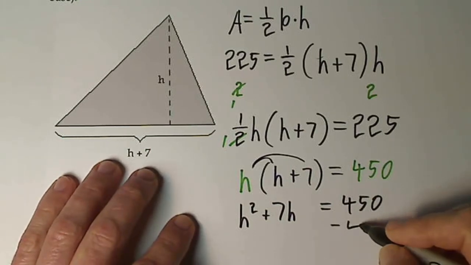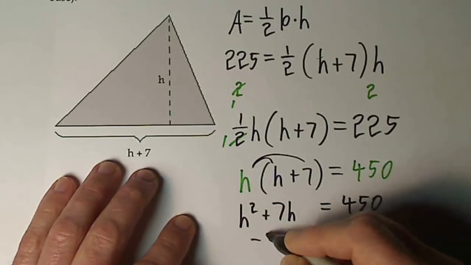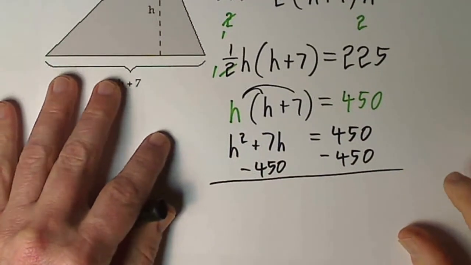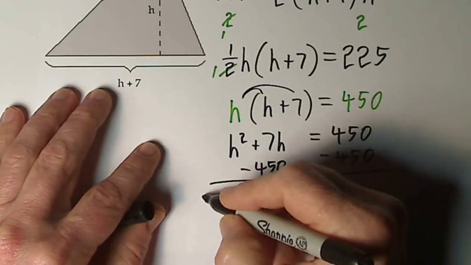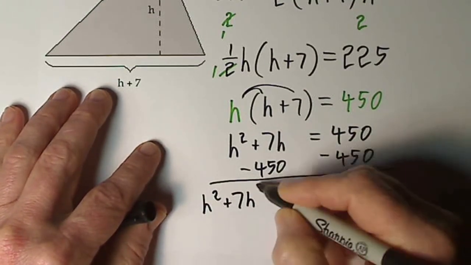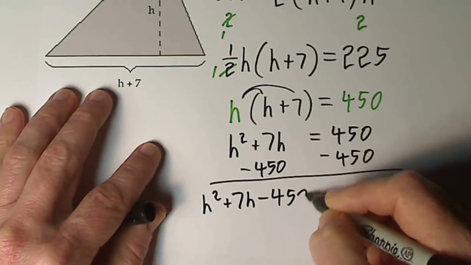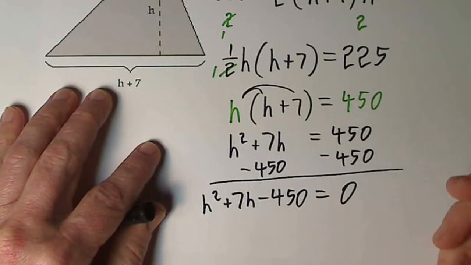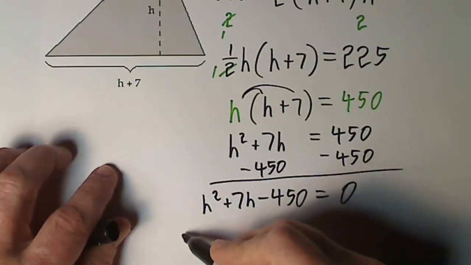Subtract 450 from each side. And you'll have h squared plus 7h minus 450 equals 0. And we want to factor this.